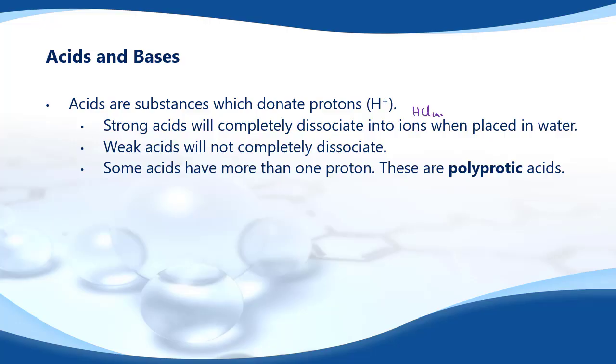That means when you dissolve HCl in water, it will completely go to form H+ ions and Cl- ions. Sometimes you'll see the H+ replaced with H3O+. You can use them kind of interchangeably because usually we're working in aqueous solution.